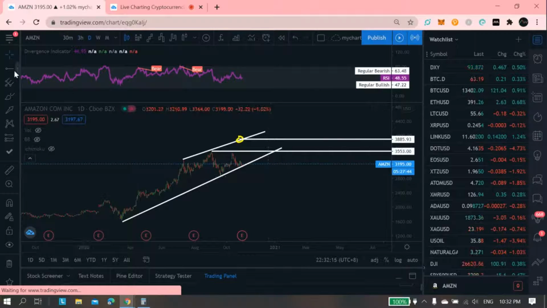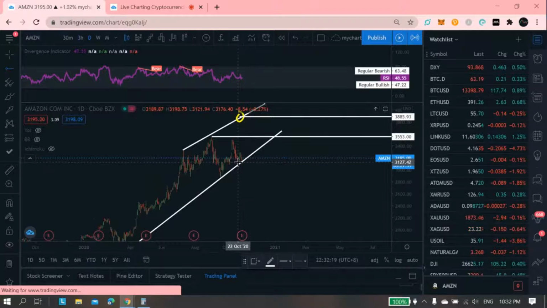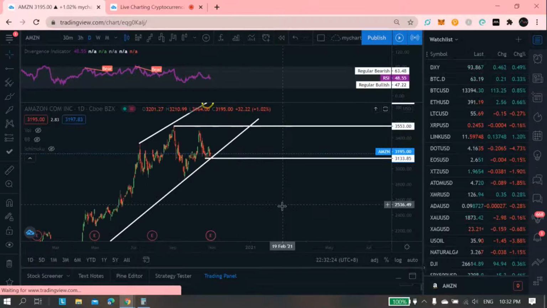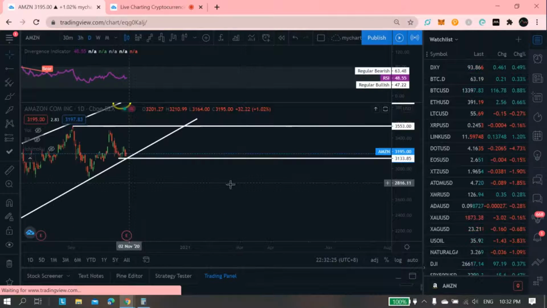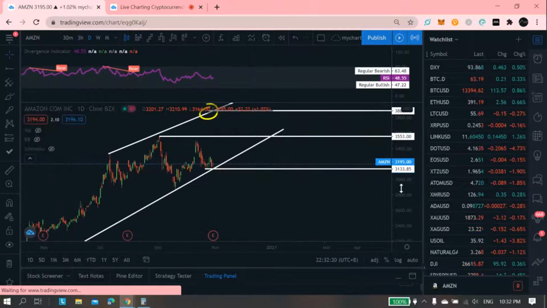Of course, I'm always using a stop loss. Let's make it bigger. I'll use the 3,133 area.